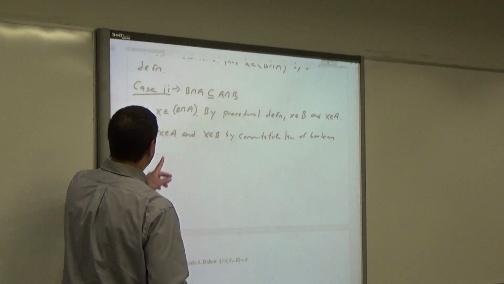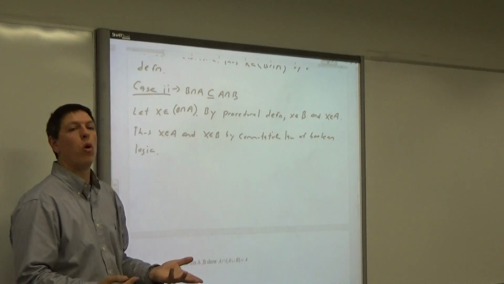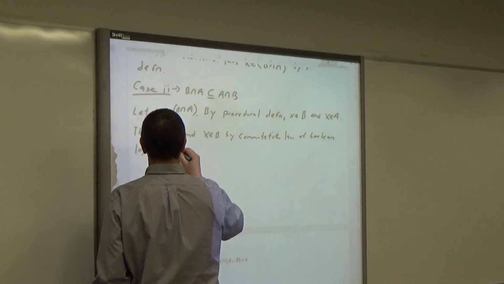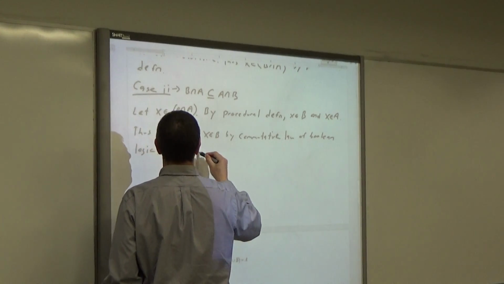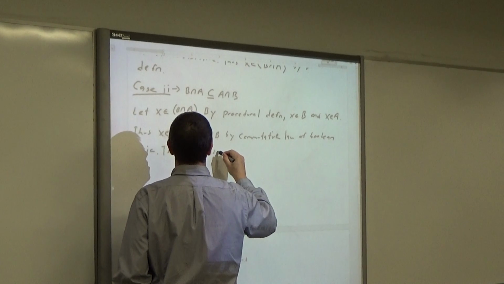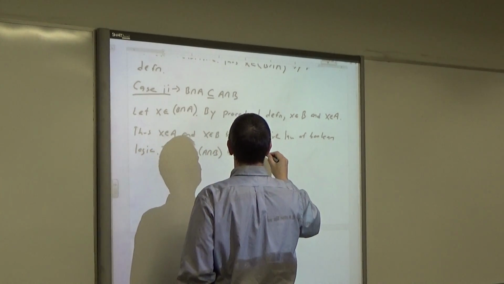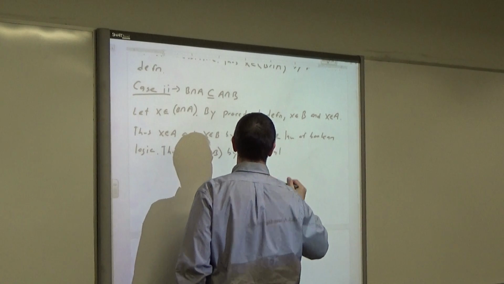And then finally, we can just use the procedural definition once again and say, thus, x is an element of A intersect B by our procedural definition.